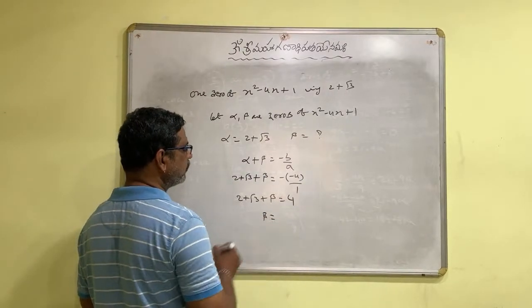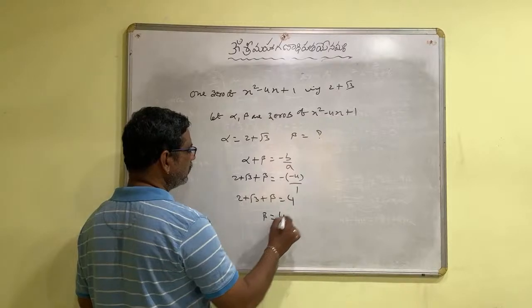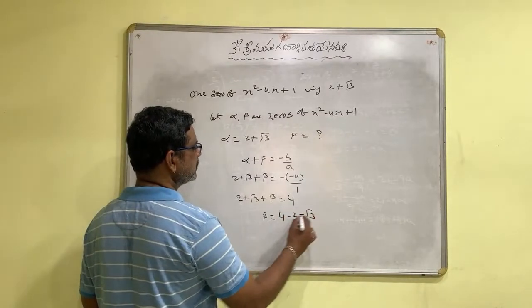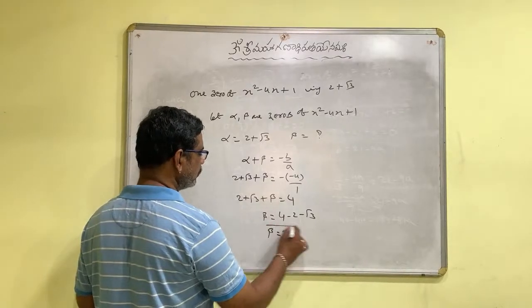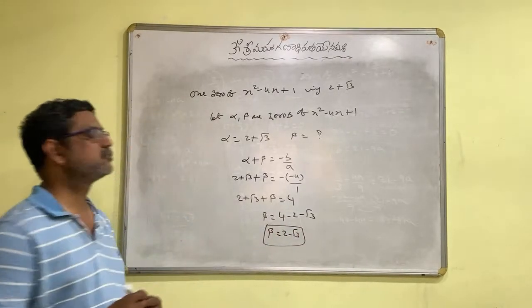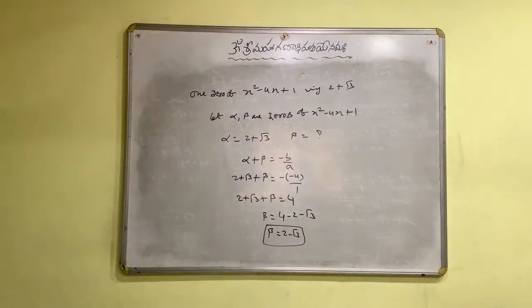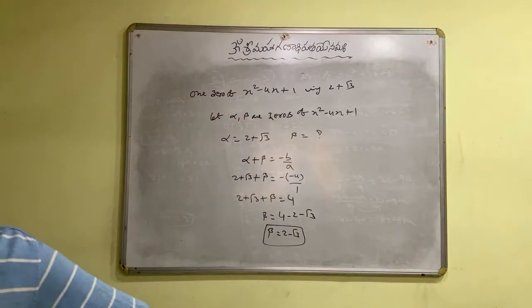Then beta is equal to 4 minus 2 minus root 3, which is 2 minus root 3.